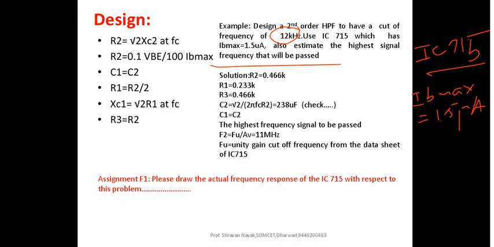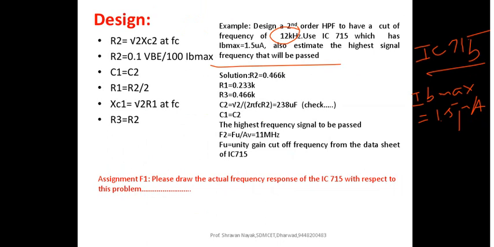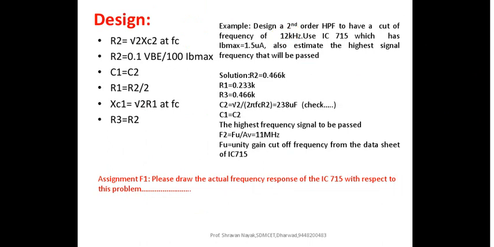Recall the circuit diagram of the second order high pass filter. Again, by looking at the design steps, the first few steps are very simple and they are common. So you have R2 equal to 46.6 kilo ohm because it is 100 times IB max, and your IB max is now no longer 500 nanoamperes as we have taken it for IC741.